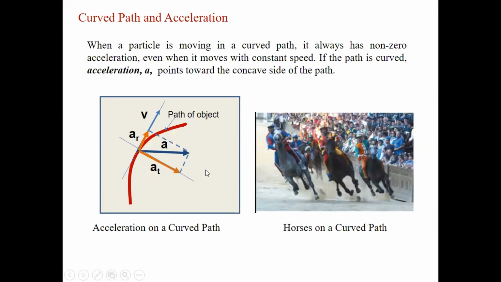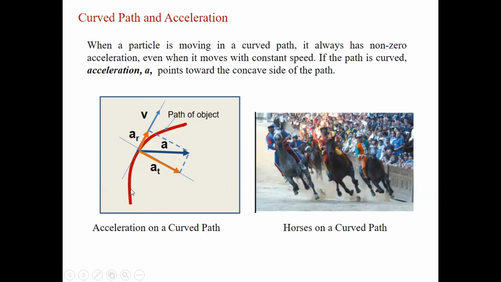The curved path is a special path in which a particle can have always non-zero acceleration, even if the object is moving at a constant speed. Because the path is curved, acceleration A always points towards the concave side of the path. Here you can see the acceleration on a curved path as shown.